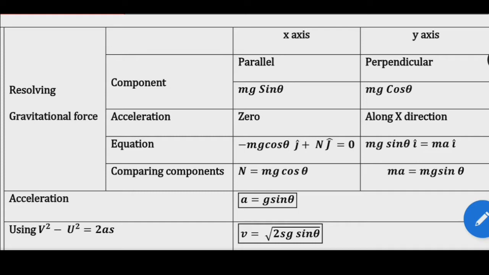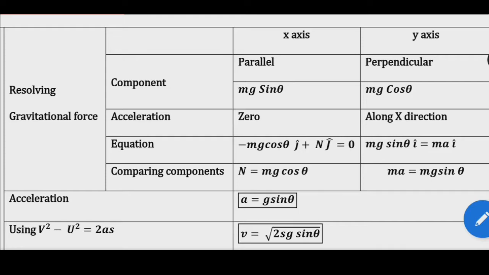That means no acceleration. By comparing the components on both sides, N minus mg cos theta is equal to 0. Now we get N is equal to mg cos theta. The magnitude of the normal force N exerted by the surface is equal to mg cos theta.